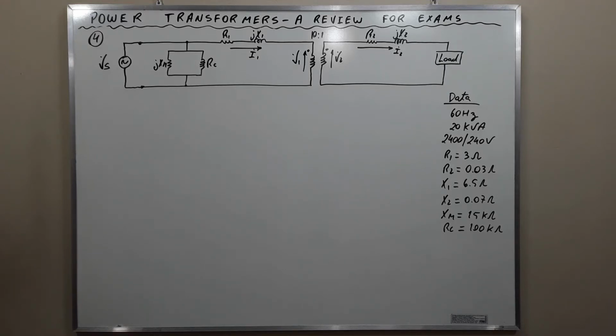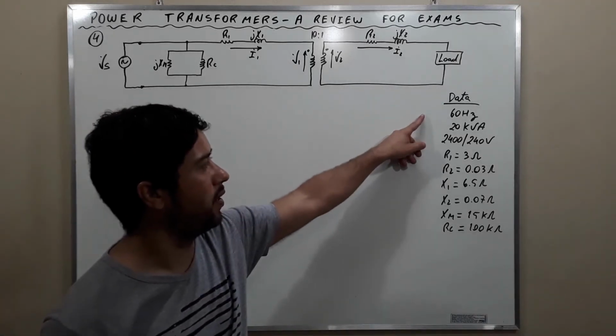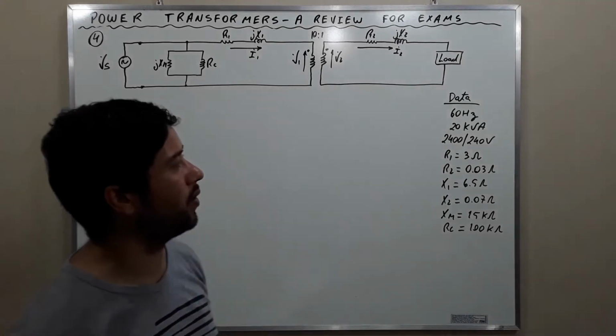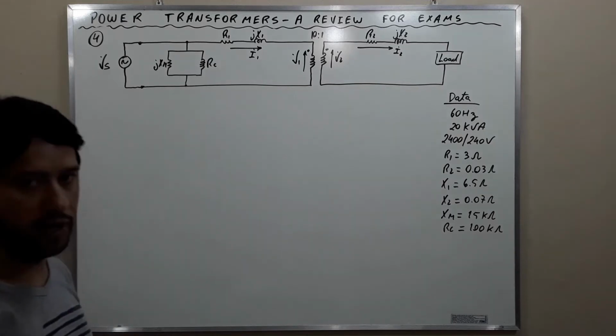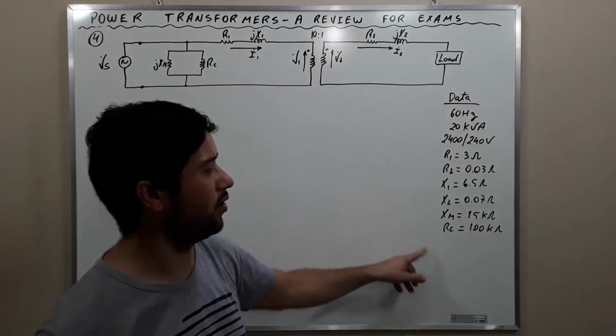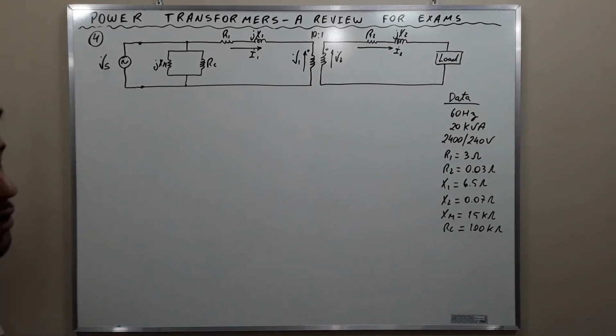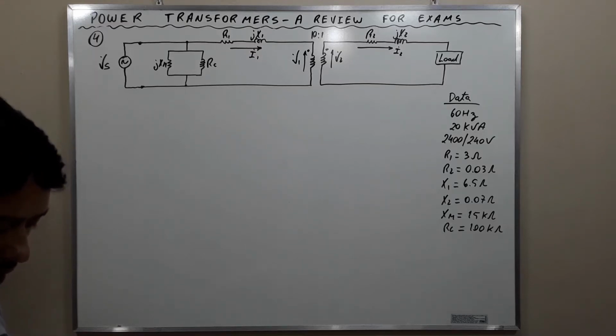Okay, my friends, this is the question. Let's go to the solution. The exercise gave this data. It said that the power system is a 60 Hz one, and that the transformer has these parameters. Okay, we are going to use this data to calculate what the exercise wanted us to calculate.